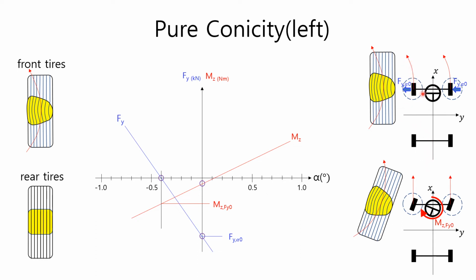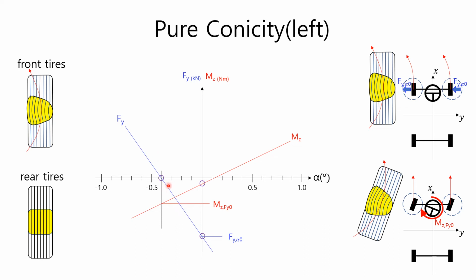Unlike a ply steer, in the case of conicity, since the tires move along the trajectory of a circle, the vehicle does not move in a straight direction without the vehicle pull unless the driver consistently operates the steering wheel with some effort. In order for a driver to go straight, the steering wheel must be rotated to the right so that Fy becomes 0.